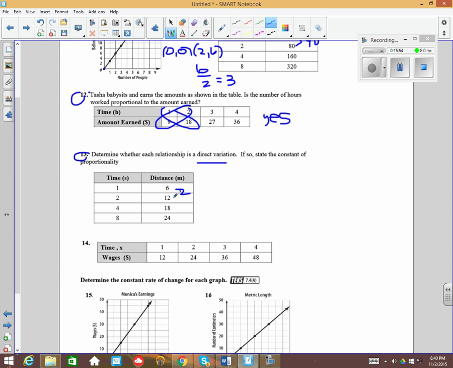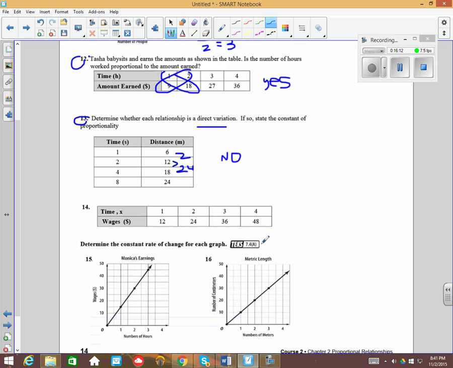And then 2 times 12 will give you 24. So for the third one, it should be 24. So this is a no for this one. There is not a direct variation.